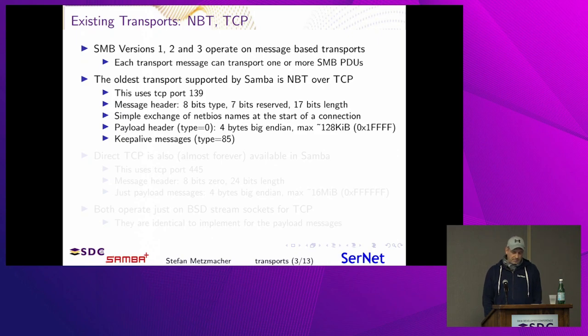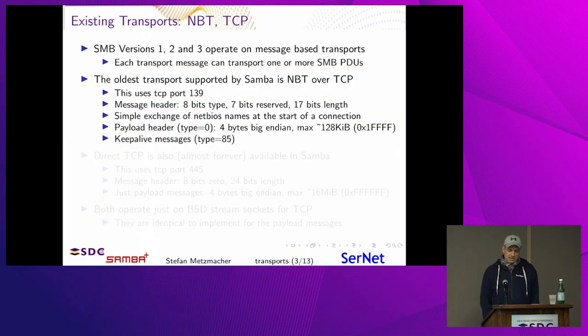and it has a very simple message header: 8 bits of type, 7 reserved bits, and then 17 bits of length. And there's a simple exchange at the start of the session where the client communicates his own and the called name to the server, and the server says yes or no. But the more important thing is the message headers for the payload, which are type 0.